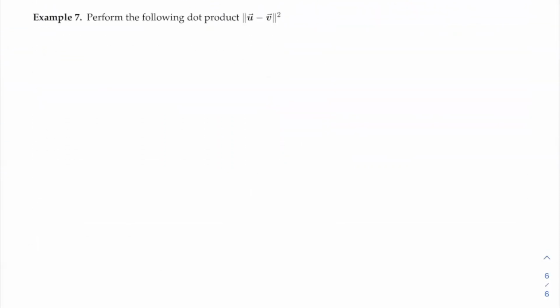In example 7, I want you to compute the square of the norm of vector u minus vector v. So I have the norm of u minus v, squared. This is equal to u minus v dot with u minus v. Now from this dot product, I'm going to use the distributive property.